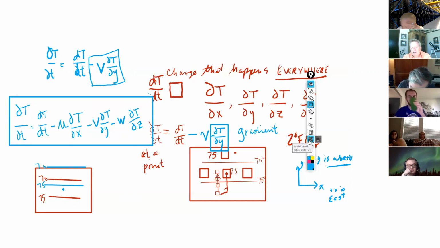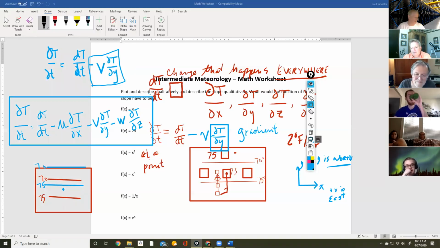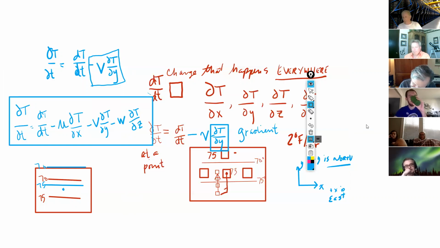Okay, just to make sure I got one thing. Those negatives too is because the gradient itself is technically negative. Yes. In this diagram, Nick, this gradient is a negative ∂T/∂x. It's getting colder to the north. So that makes sense. So just remember, and we're going to see this when we start dealing with it in terms of vectors, gradients have a direction.